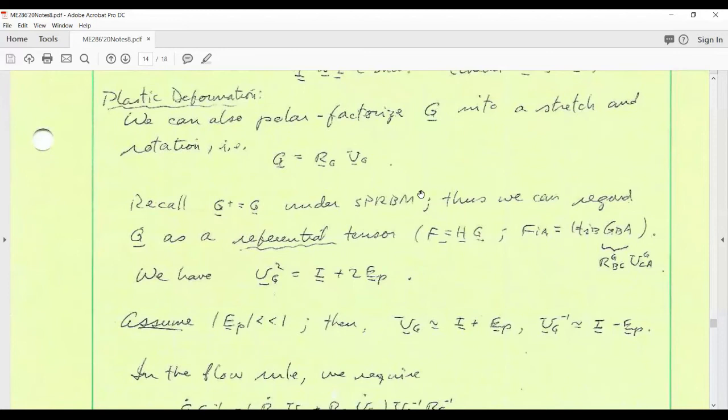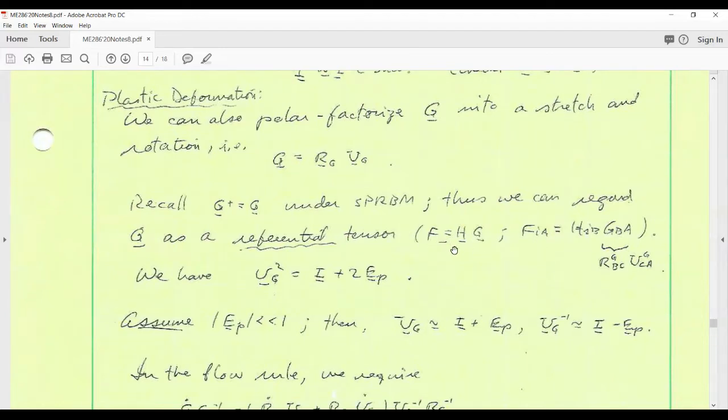And that's consistent with the decomposition of F. For example, write F is HG in index form, Cartesians, that would be this. For consistency, there has to be an I on the H, and then this Cartesian form. So in other words, G has two Cartesian indices that are both capitalized.